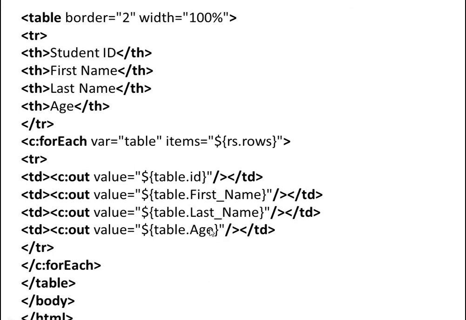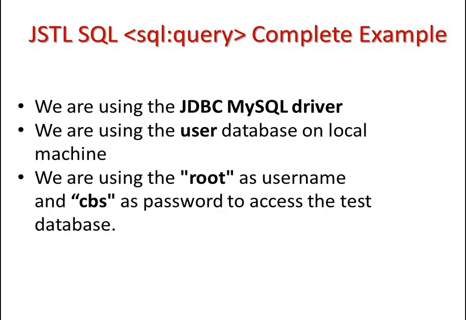If it is age, again it will be written as it is. So this will be the structure, and this is the opening tag of this forEach loop. Now after this there is a closing tag, and this is the end of the table. So the table will be opened here and closed here. So this is the program for creating the table.